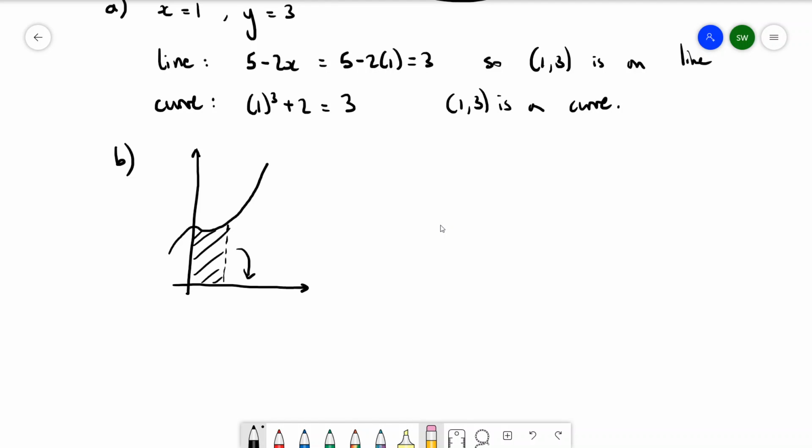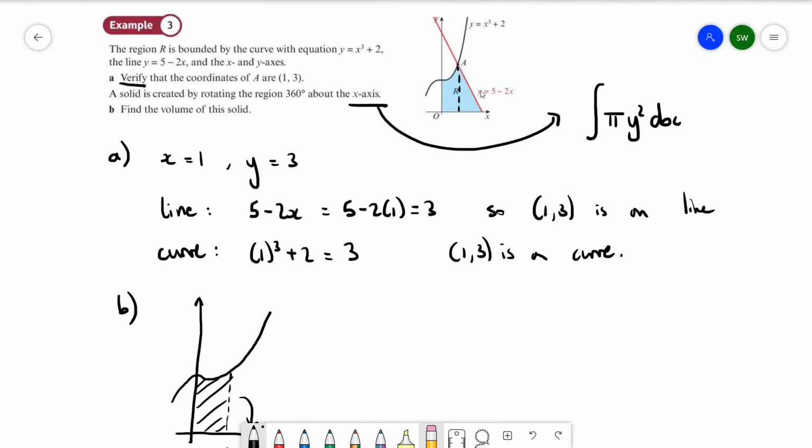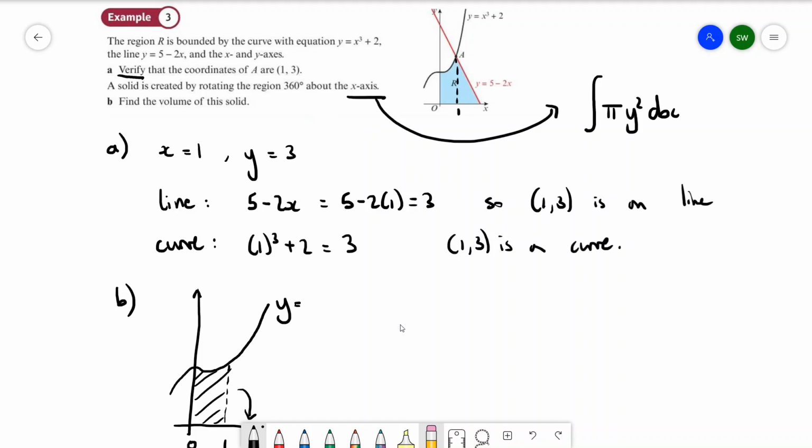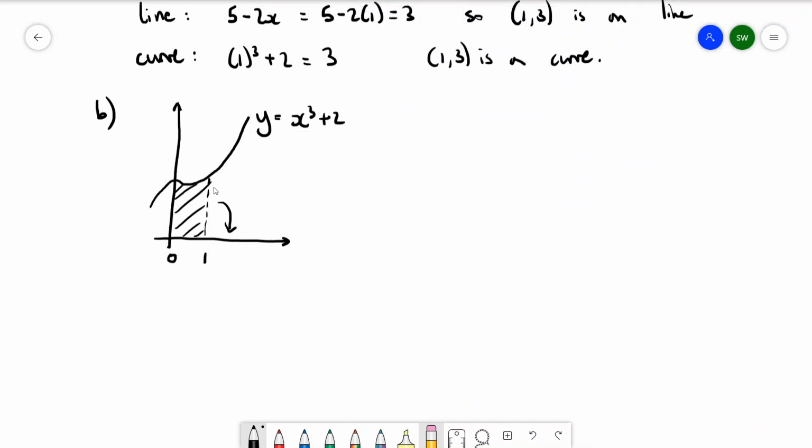So we know that the limits on the x-axis of this region are 0 up to 1. That's why we did part A, because we know that value there is 1 on the x-axis. And we know the equation of this curve is x cubed plus 2. So we're just going to rotate that around the x-axis first.